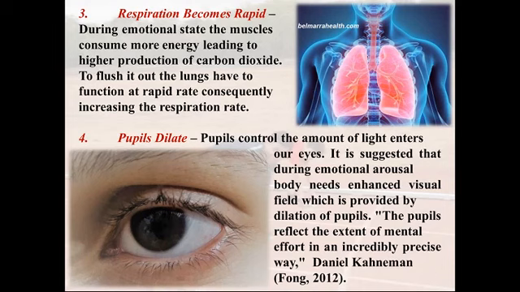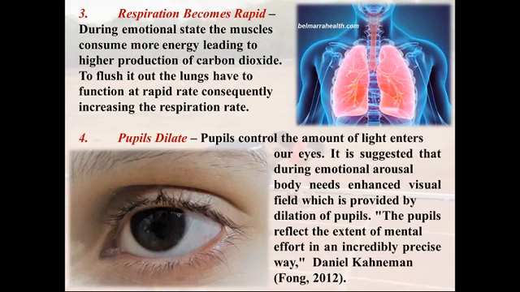To flush out the extra carbon dioxide, the lungs have to function at a rapid rate, consequently increasing the respiration rate. Getting my point? Why do the lungs have to work faster? To flush out the excessive carbon dioxide that is generated due to the excessive burning of energy required to meet the emotional arousal, that physiological arousal. So that is the point.